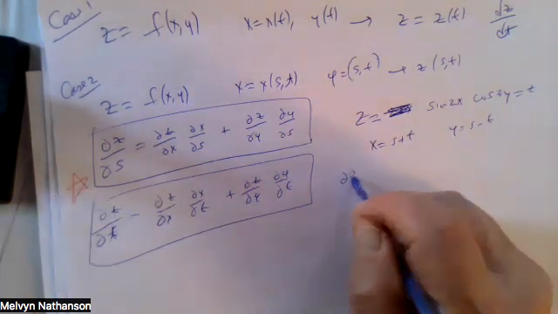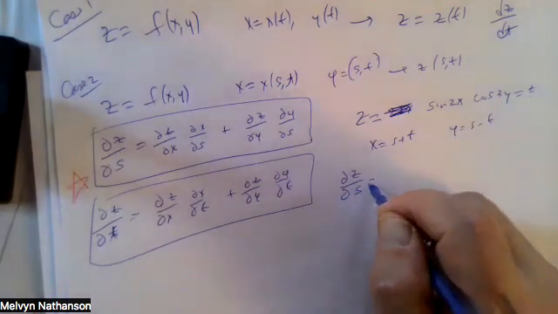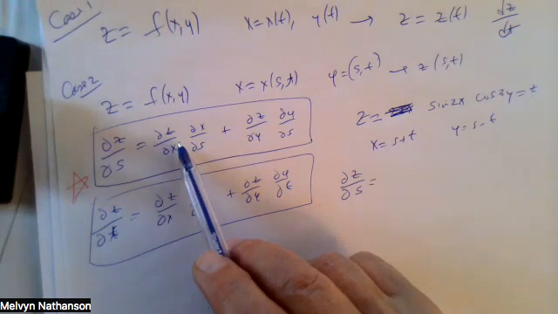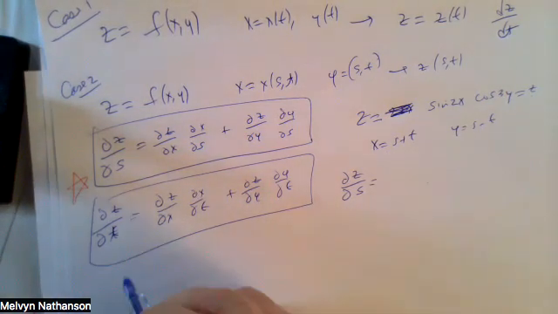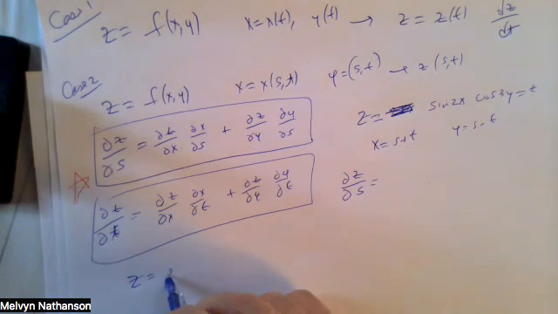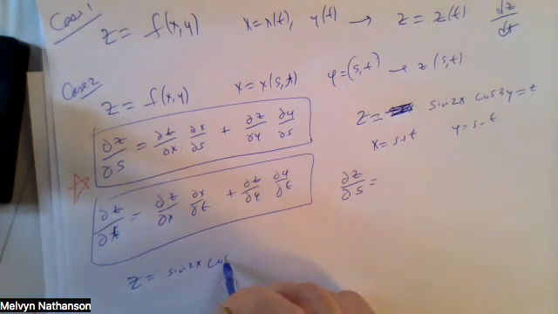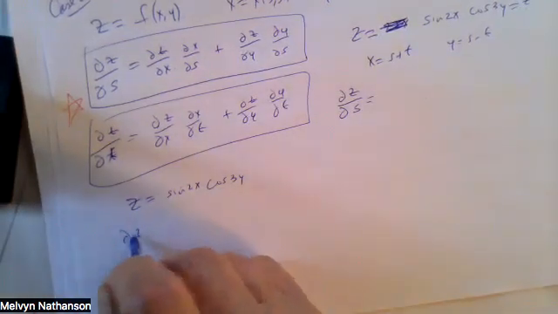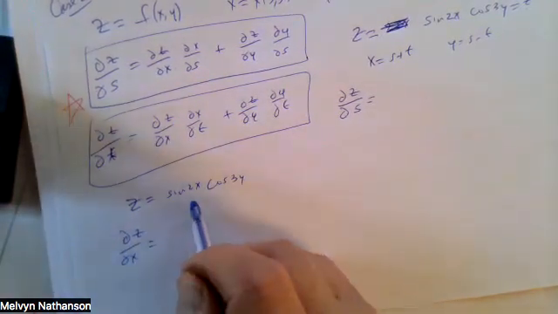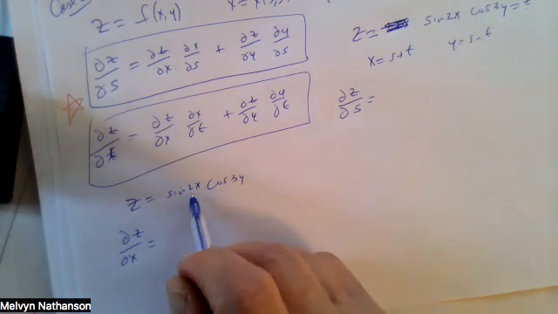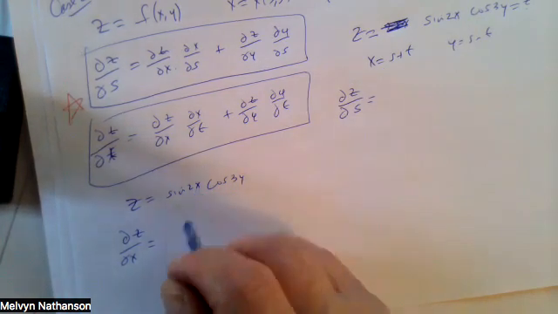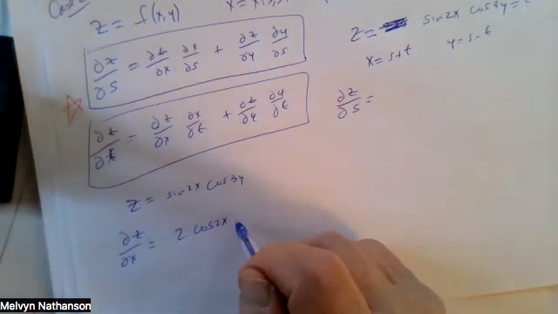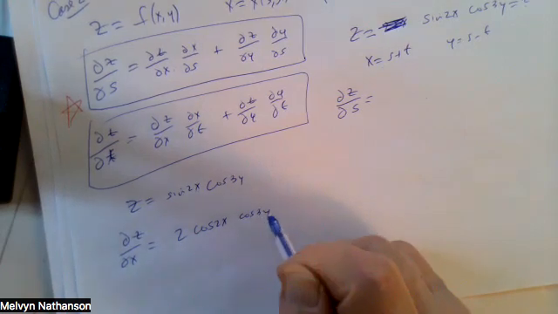So let's compute the partial of z with respect to s. So we take the partial of z with respect to x. If z is sine 2x cosine 3y, the partial of z with respect to x: sine of 2x, when you differentiate with respect to x, you get 2 cosine 2x times cosine of 3y, which is a constant.